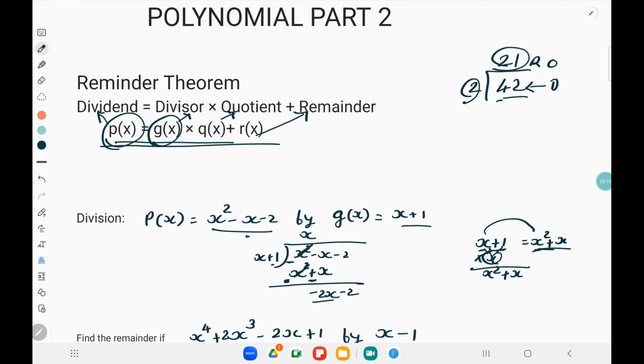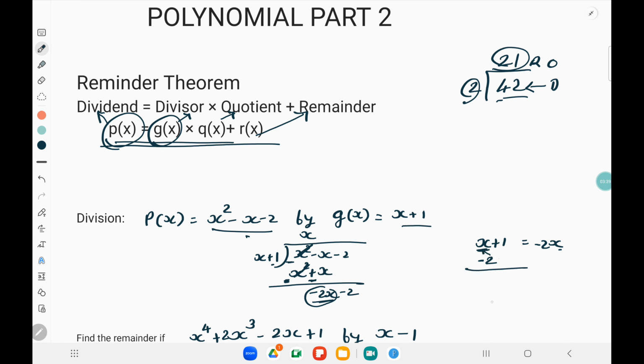Okay, now again let's see what we need. The first term is minus 2x. We need the 2x, but it is a minus. So what do we multiply x by? If we need 2x, then of course we multiply this x by 2, but we need the negative. That's why we multiply by the negative.